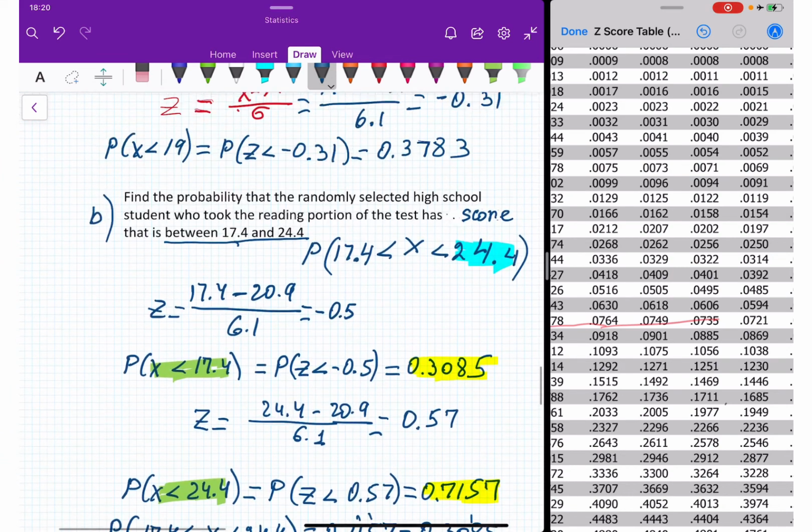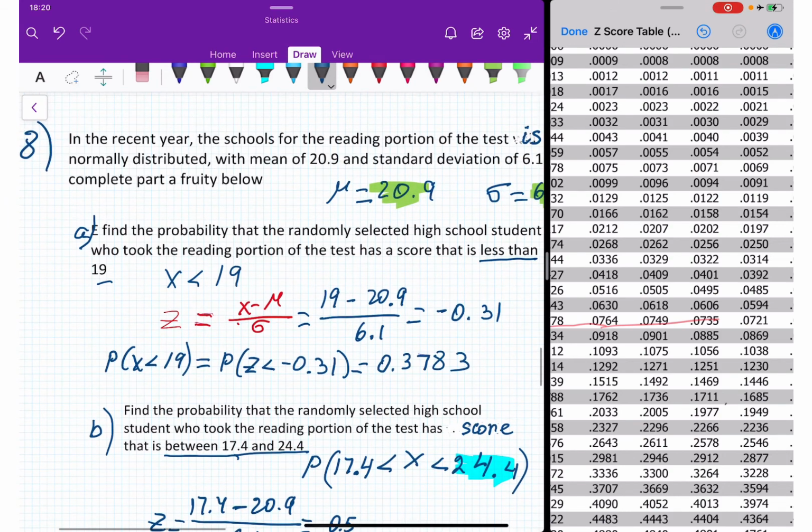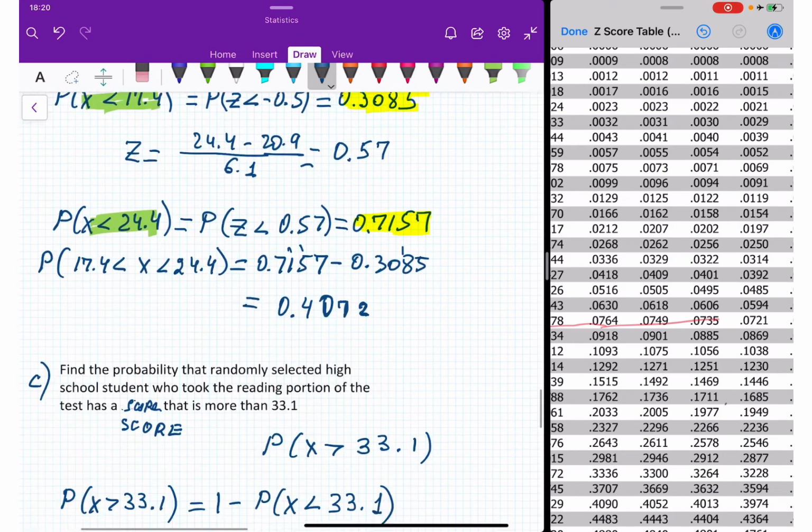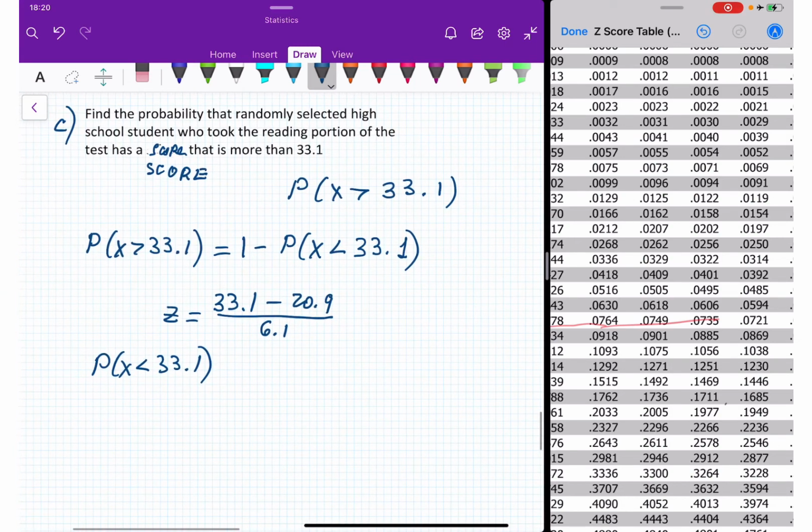It's from here, right? 20.9 and 6.1 are the mean and standard deviation. This is equal to 33.1 minus 20.9, which is 12.2, divided by 6.1.